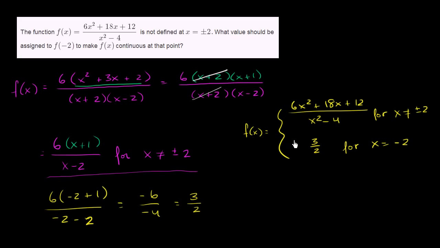This new definition, this extended definition of our original one, is now equivalent to this expression, 6 times (x plus 1) over (x minus 2). But just to answer their question, what value should be assigned to f of negative 2 to make f of x continuous at that point? Well, f of negative 2 should be 3/2.